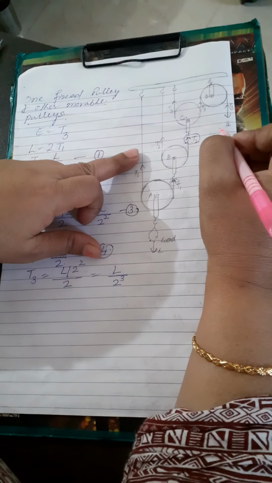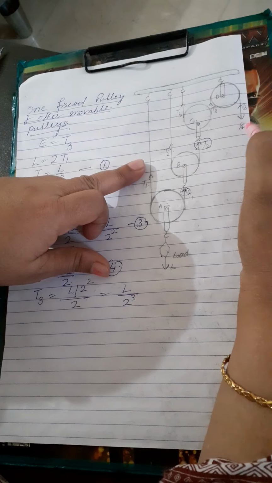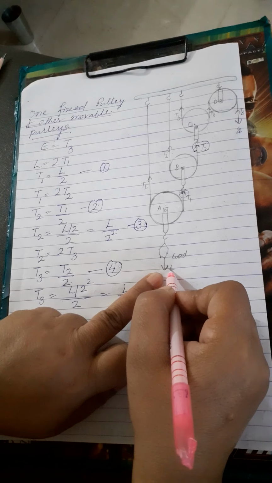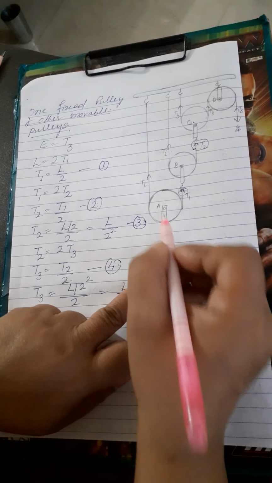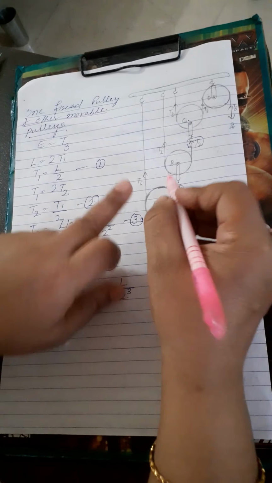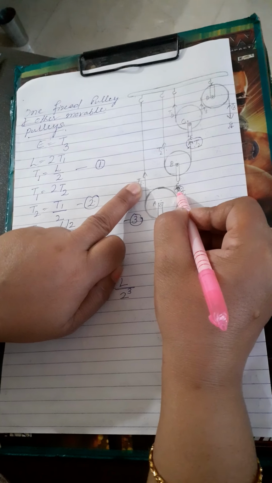Again I want to explain you, beta. Firstly, effort will always be balanced by the single T which is in front of it. Then we have to take the load. Load will be equal to the tensions which are in front of it. This load is balanced by these two tensions. Then we will find out the value of T1.